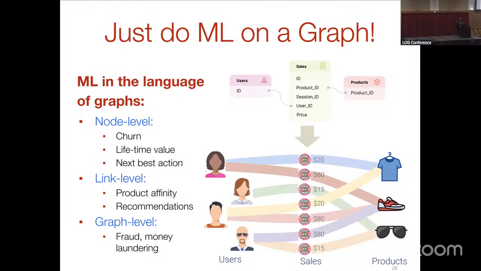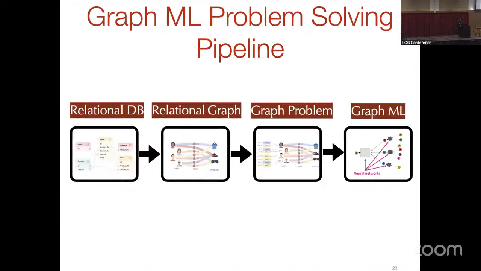So user churn can be cast as node classification, whereas user lifetime value can be cast as node regression. And then there are some other tasks such as product affinity or recommendations, which can be cast as a link prediction task. And we can have graph level or subgraph level tasks, for example, fraud detection or money laundering. So the idea here is that we have different interesting tasks from a business perspective. We can cast them as graph learning tasks.